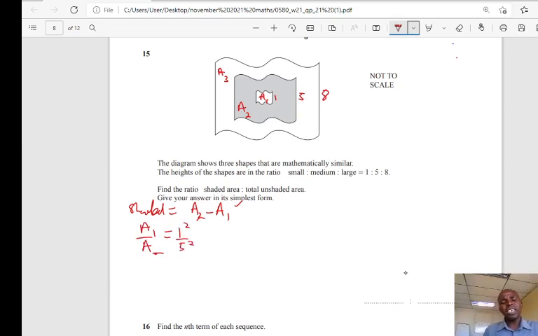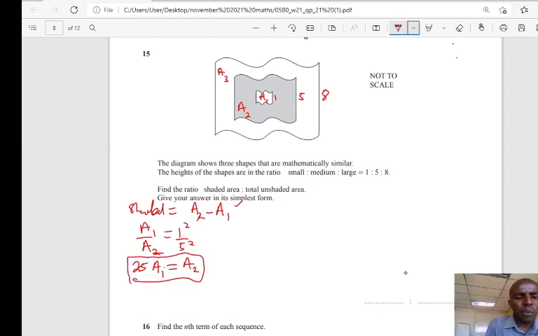So the ratio of the areas is equal to the ratio of the corresponding sides squared. Then from this, 25 times area 1 is equal to area 2. 5 squared is 25. So this will be area 2 in terms of area 1.